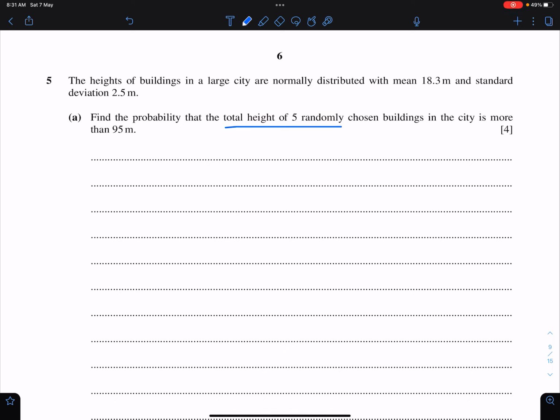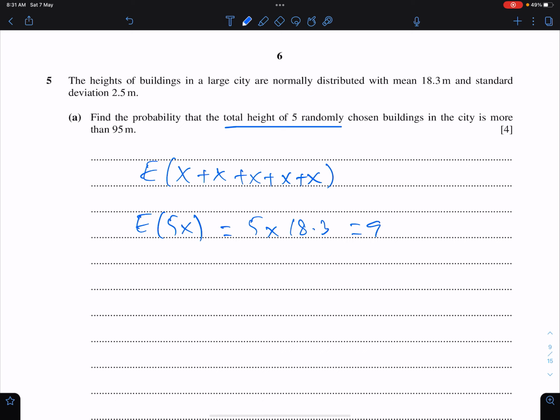So, x plus x plus x plus x plus x. This means 5x. So 5 times 18.3, this is 91.5.